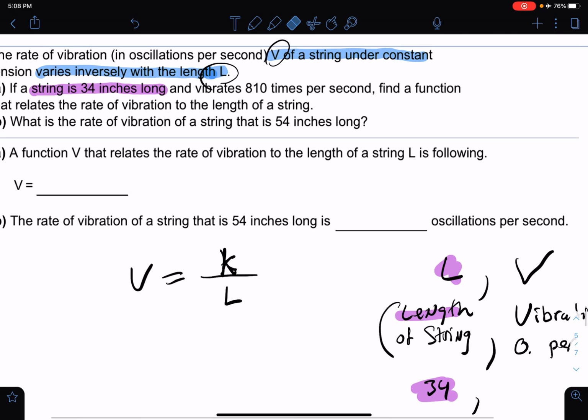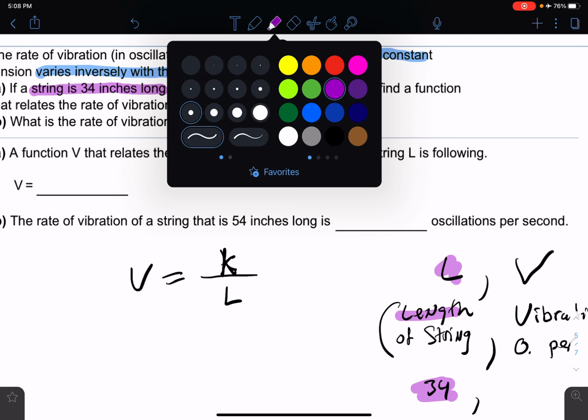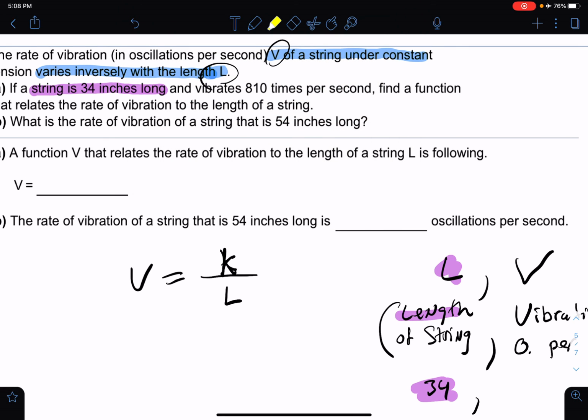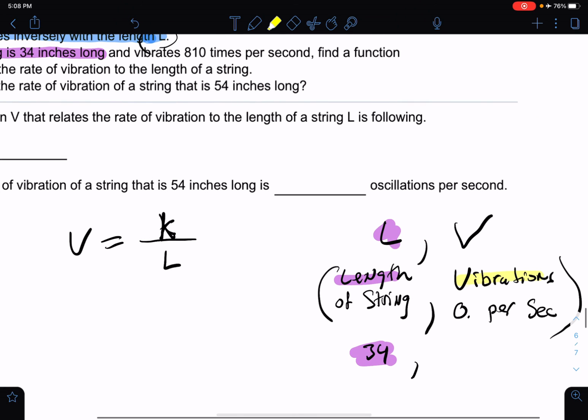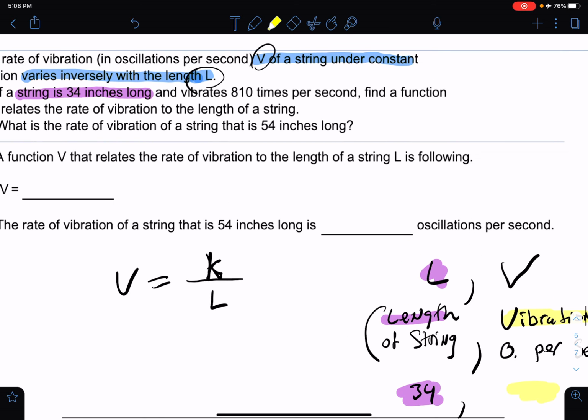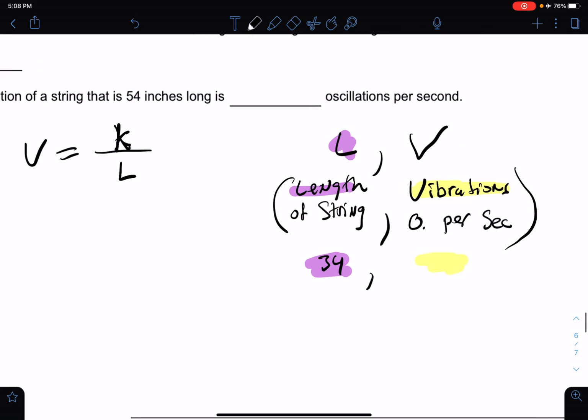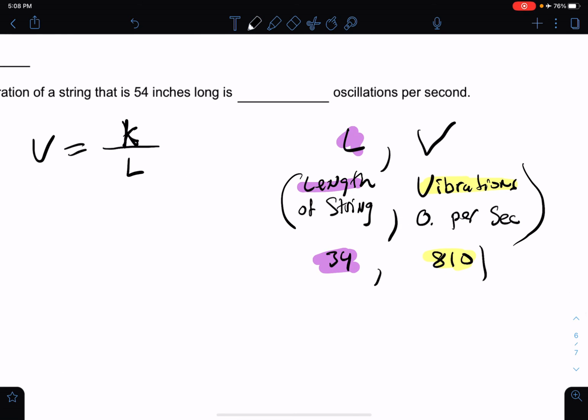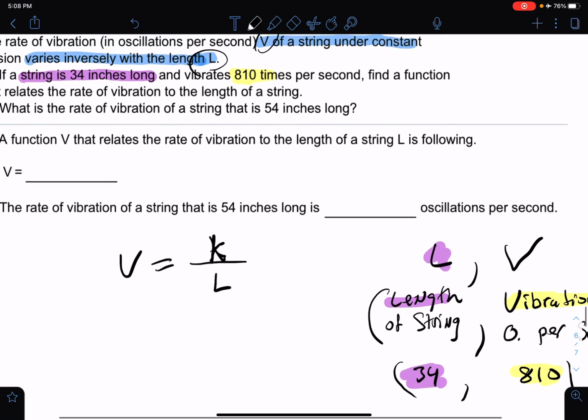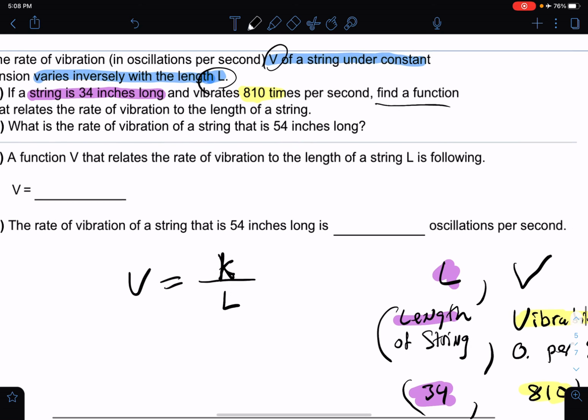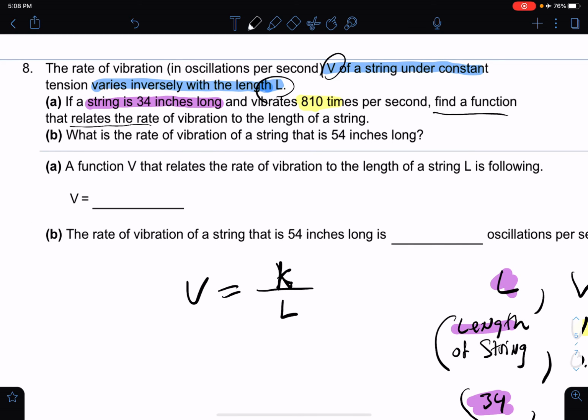And vibrates, well, we'll make the vibration yellow, I guess. And vibrates 810 times per second. Find the function that relates the vibration to the length of the string.